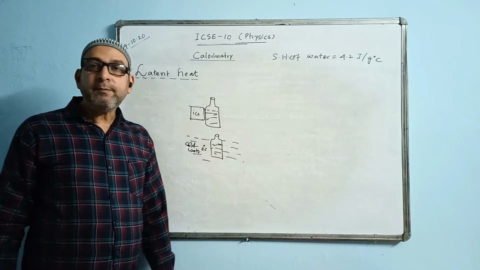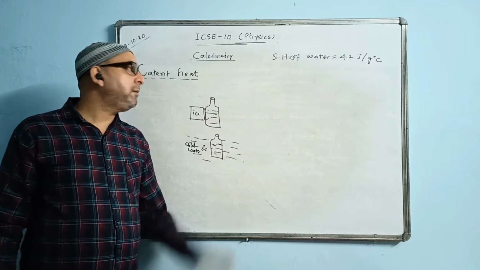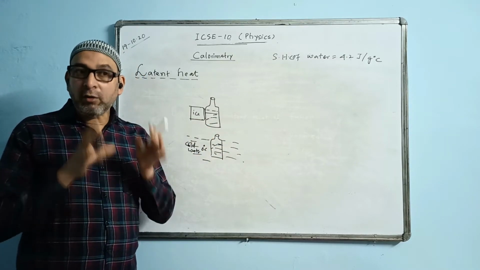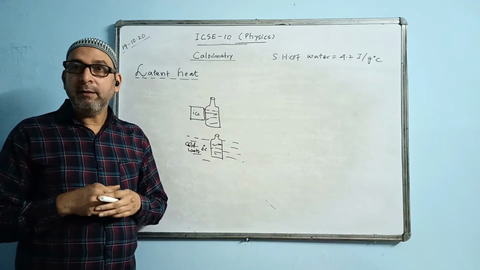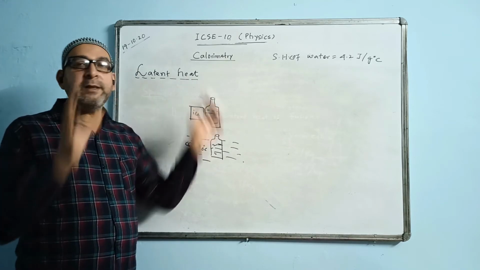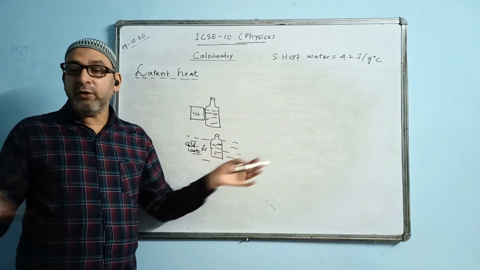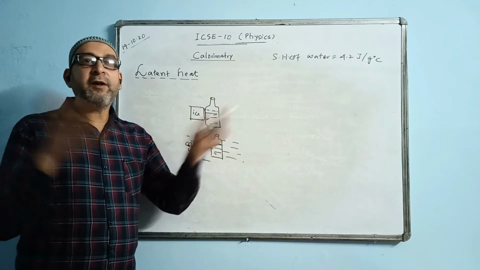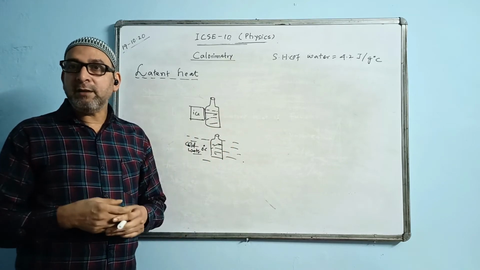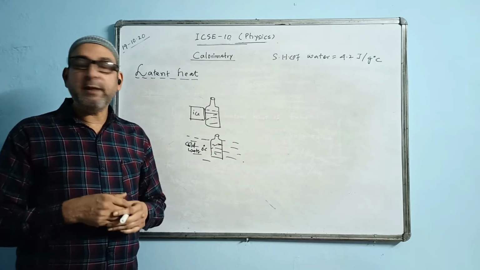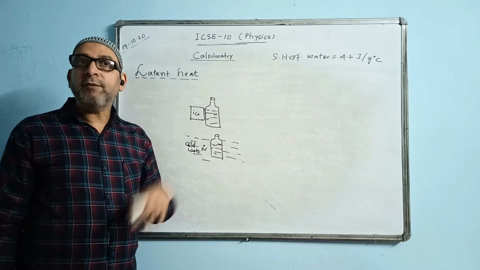Now, another question may come up like this: all the ice in the Himalayas does not melt at a time, in a day. In a single day, do you think that all the ice present in the Himalayas melts? If they all melted, then there would be ecological imbalance. There would be floods all around, the water level would rise, and there would be lots of weather extremities. So that never happens. You know why?